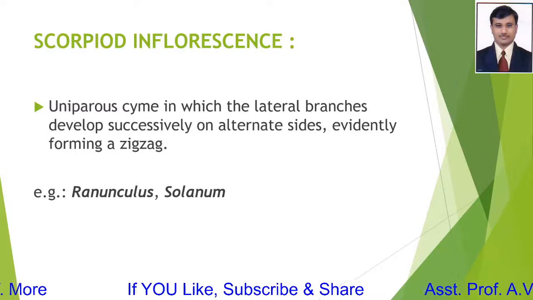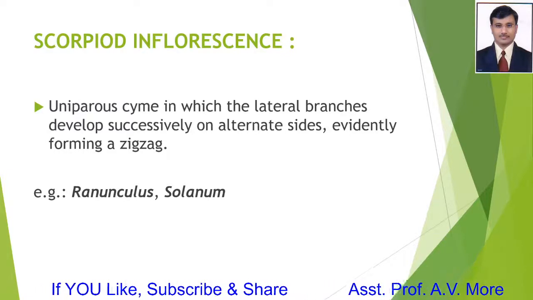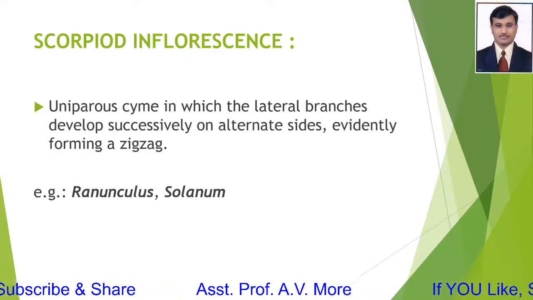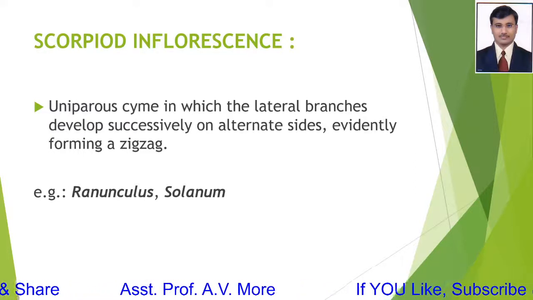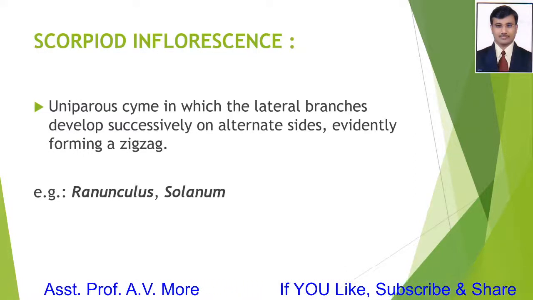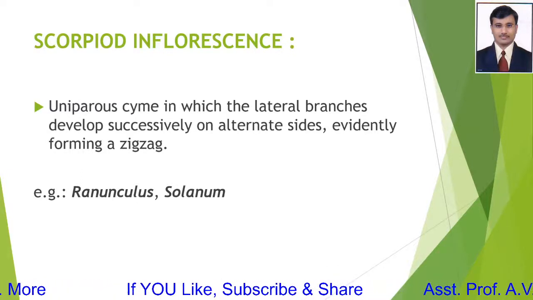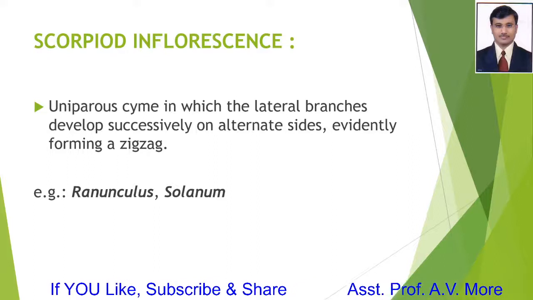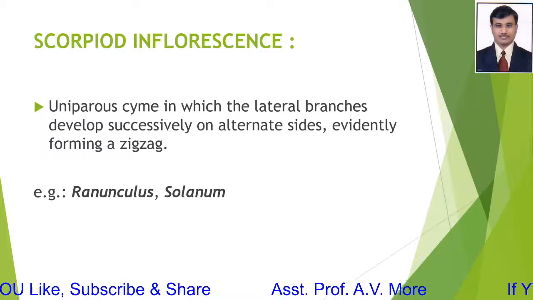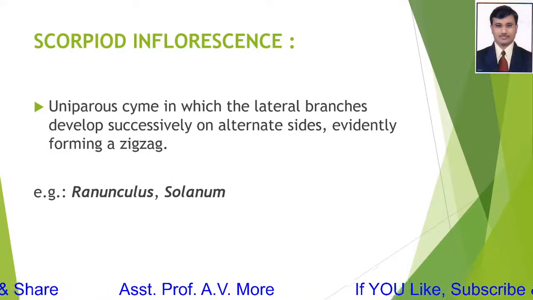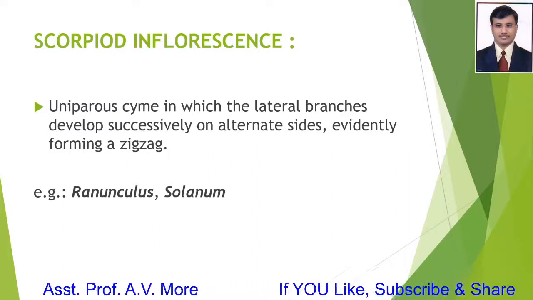Next one, scorpioid inflorescence. In scorpioid inflorescence, it is a uniparous cyme in which the lateral branches develop successively on alternate sides, eventually forming a zigzag.